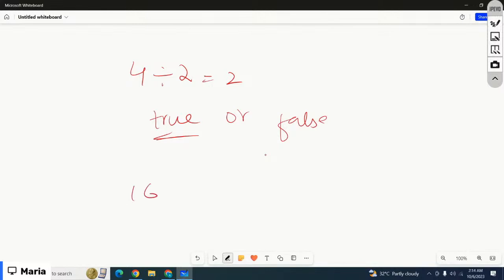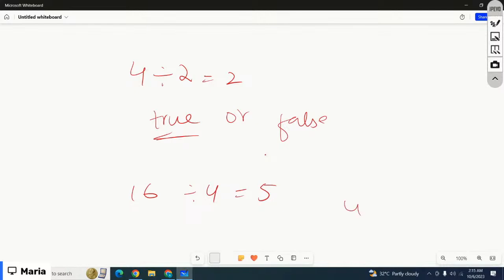The next one is 16 divided by 4 equals 5. Is it true or false? Which is the correct option? 4 times what number is 16? 4 times 4 makes 16, right?